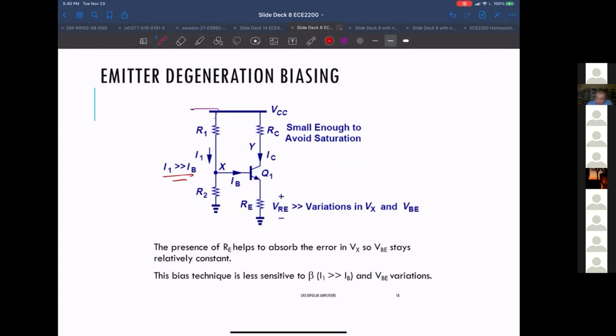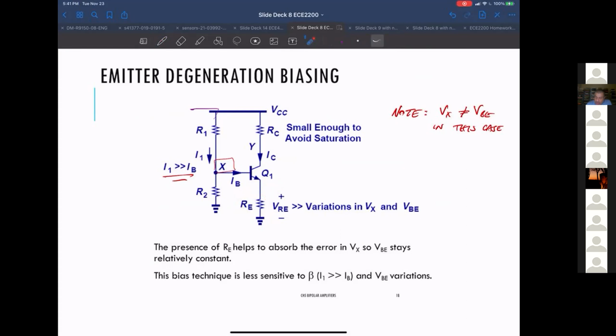But the main difference with the previous one is X is no longer VBE. Note, this is a very important thing, and it's easy to forget: V at X is unequal to VBE in this case. The reason is we've hooked up the emitter to a resistor going to ground, so the emitter is no longer at ground.